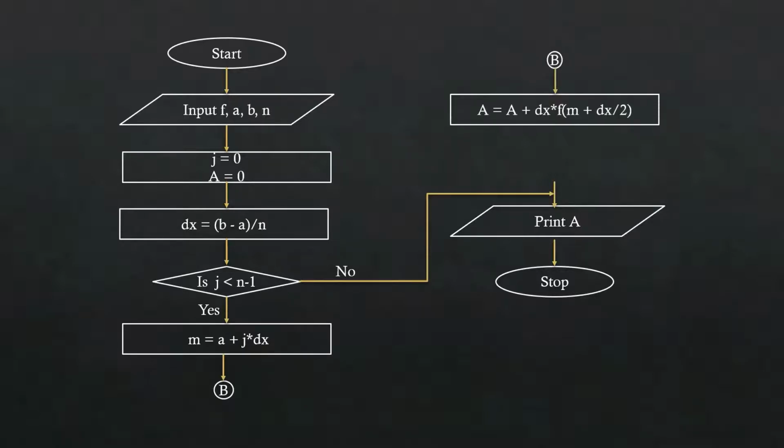Then the term m plus dx by 2 indicates that we are considering the rectangle, and dx by 2 is basically going up to the midpoint of that rectangle, which is multiplied by the interval of that rectangle and added to the previous rectangles. Then your answer is stored in A, which is the integration of the function. So basically the area under the curve is the answer for the integration.